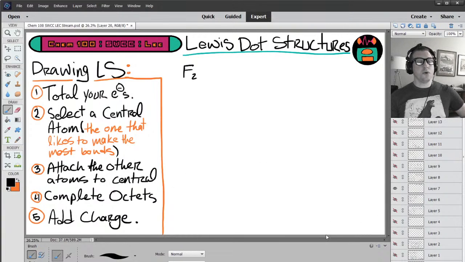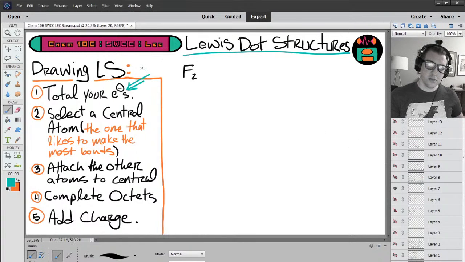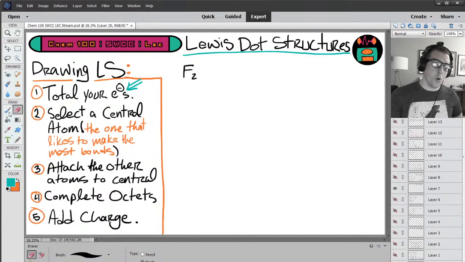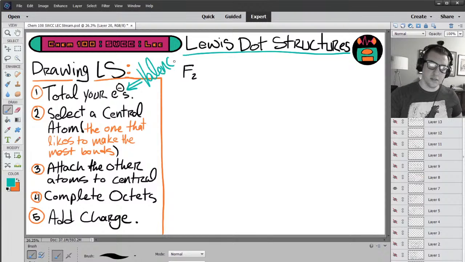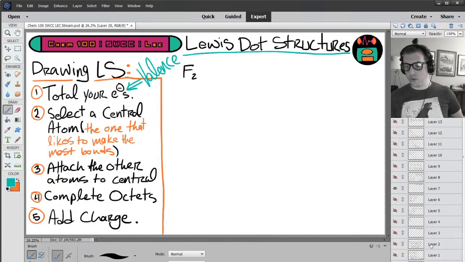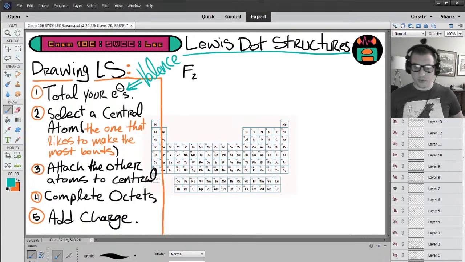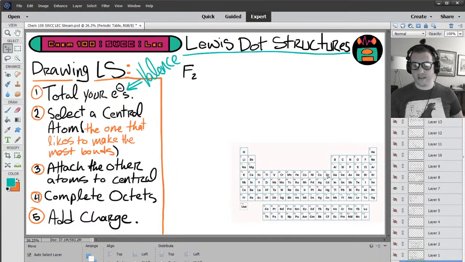All right. Now, step number 1 says we need to total our electrons. And when I say total, I should be explicit: when we say total your electrons, we are only talking about the valence electrons. All right, only the valence electrons. So we look at the periodic table.